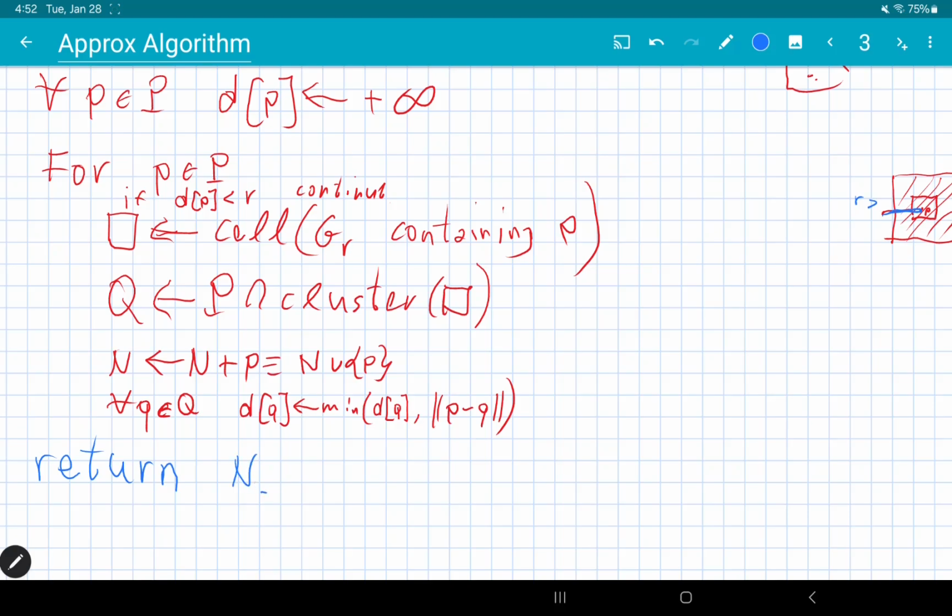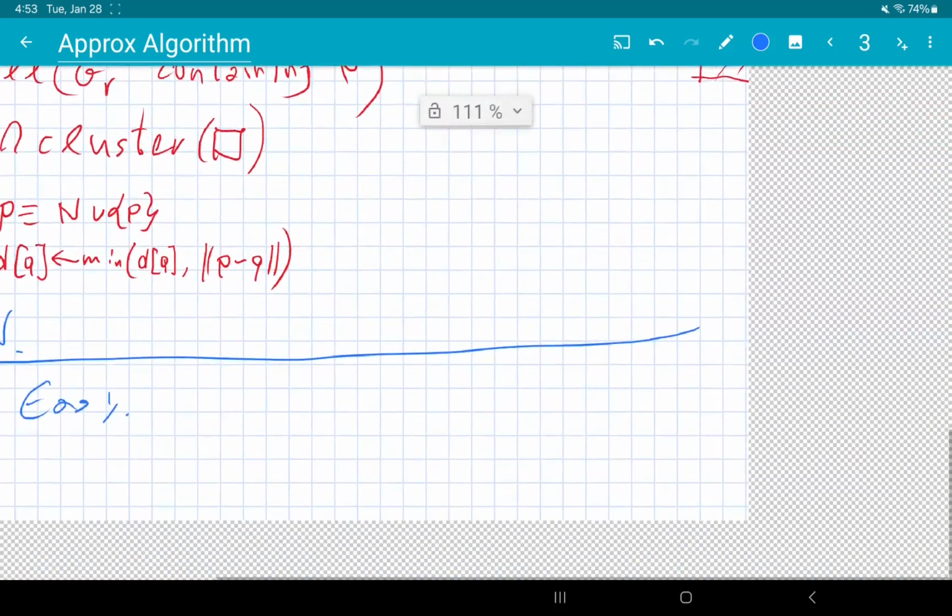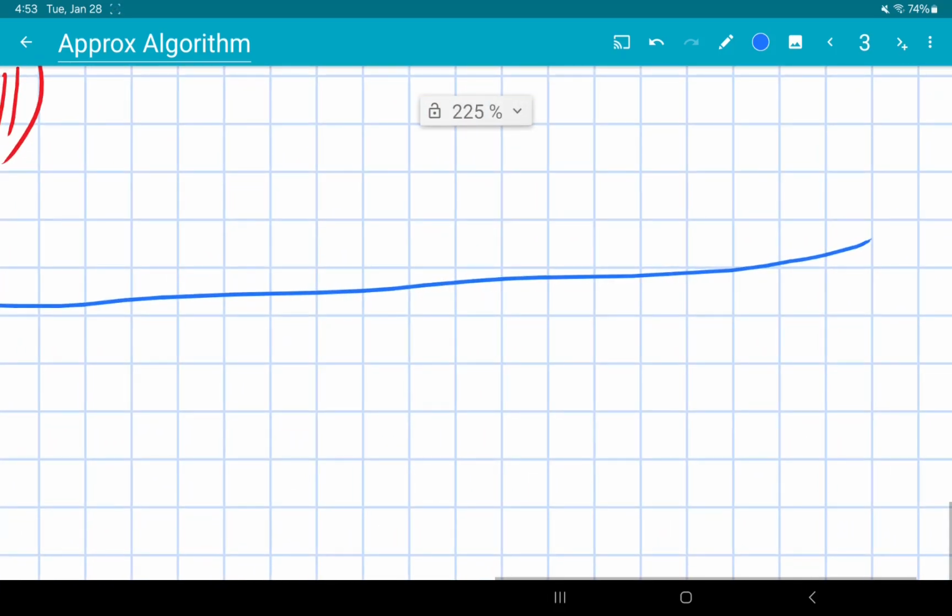Okay. Now, correctness hopefully is easy. But the more interesting question is the running time, and the running time is kind of a fun game. So the basic idea is we're going to look at a grid cell.